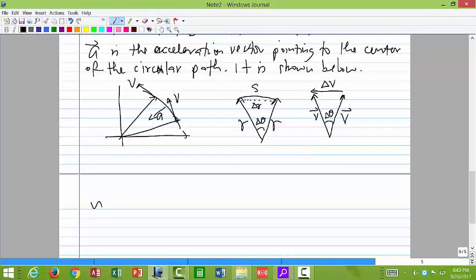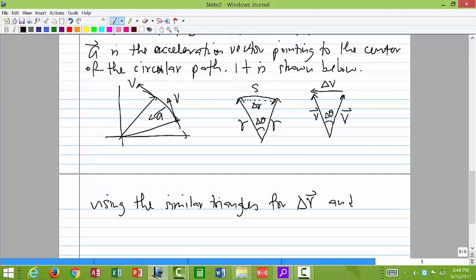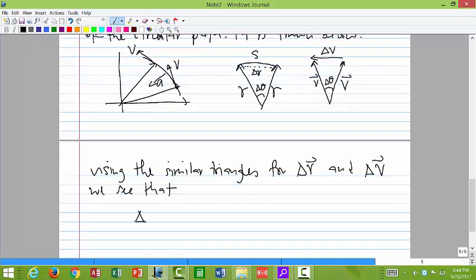Using the similar triangles, delta R is also a vector, and we shall see that delta V over V is equal to delta R over R, where we're talking of the magnitude of those two.